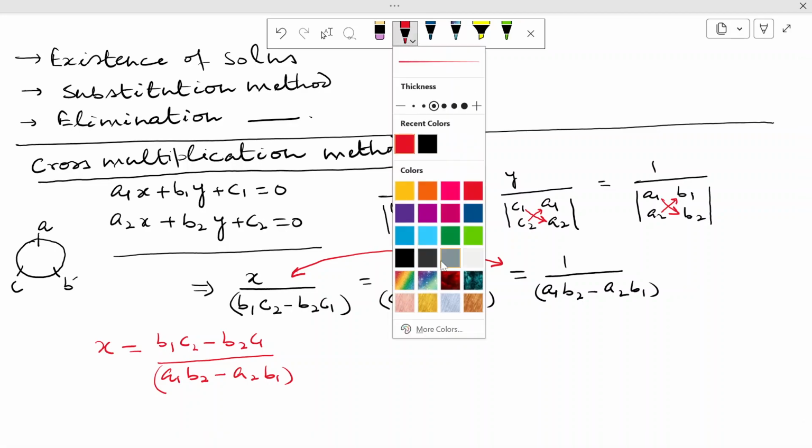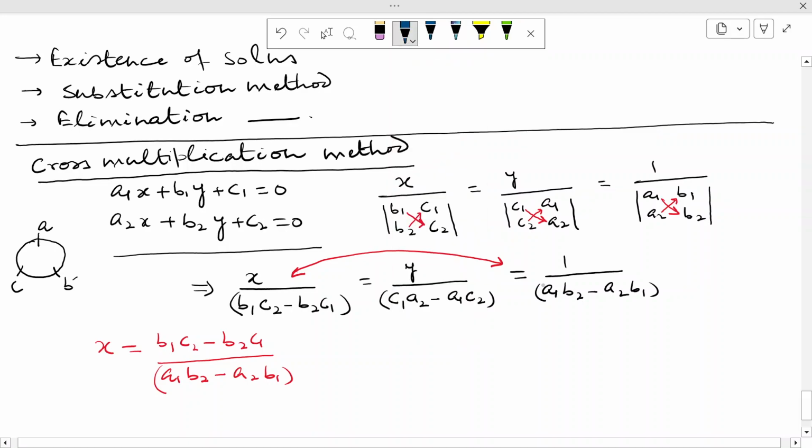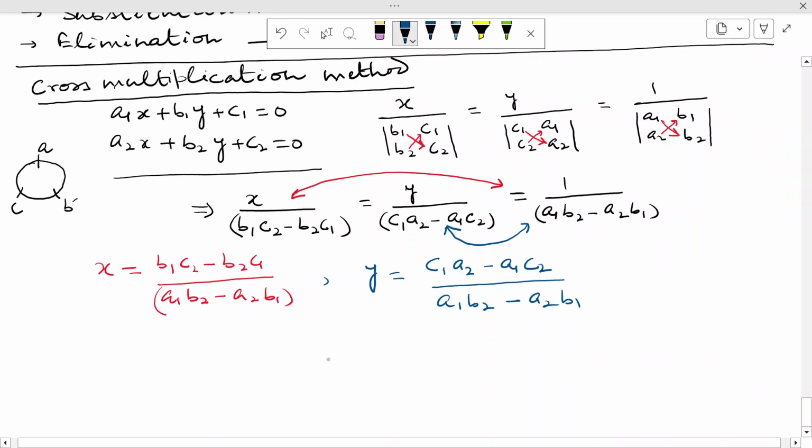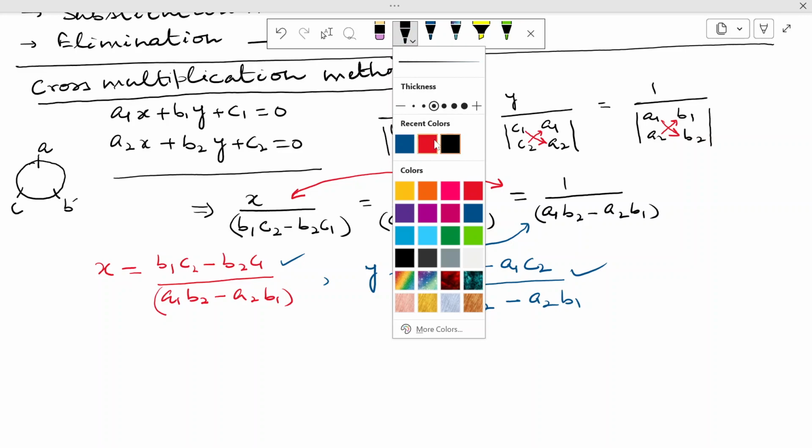Similarly, when you are equating the second and the third term, you will obtain y is equals to c1 a2 minus a1 c2 upon a1 b2 minus a2 b1. So in this way you can easily find the solution. We are having the values of x and y. So this is how we can apply this cross multiplication method.